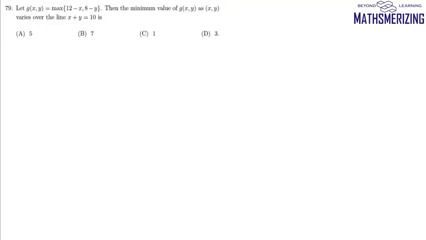Now question number 79 is, g(x,y) is maximum of 12 minus x and 8 minus y. Then minimum value of g(x,y) when (x,y) varies over the line x plus y equals 10 is. Now we know that y is 10 minus x. So we can write this g(x,y) as maximum of 12 minus x and 8 minus y. 8 minus y will be x minus 2.